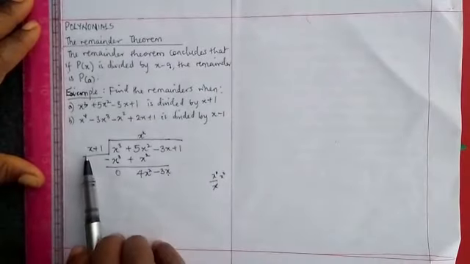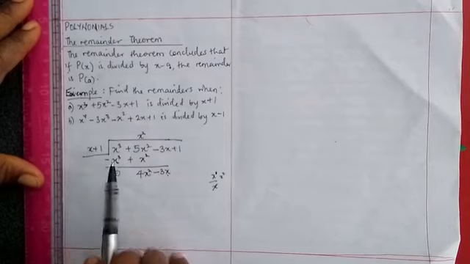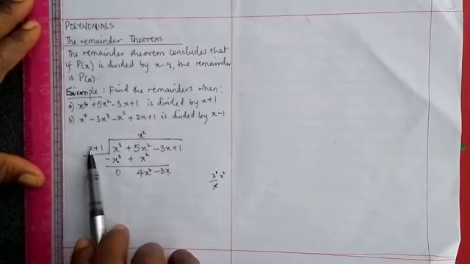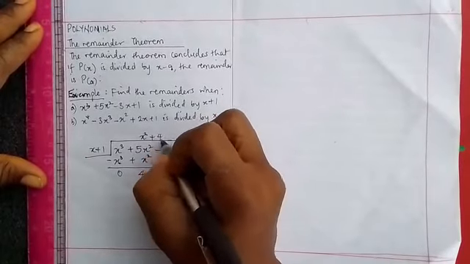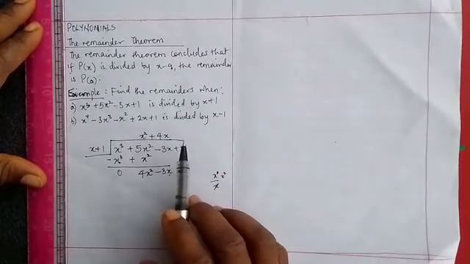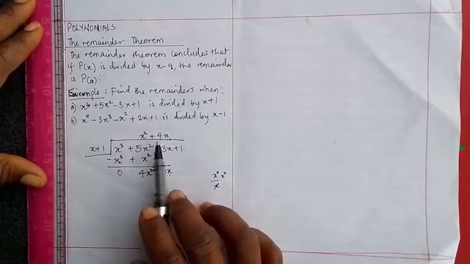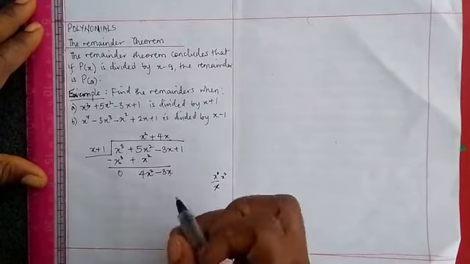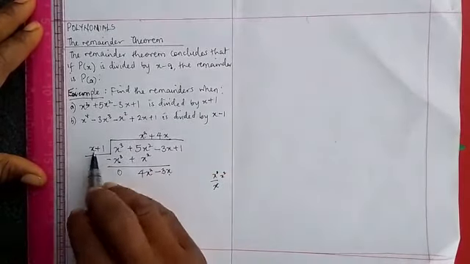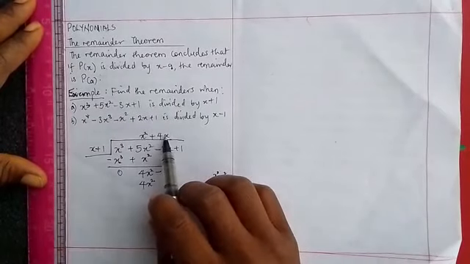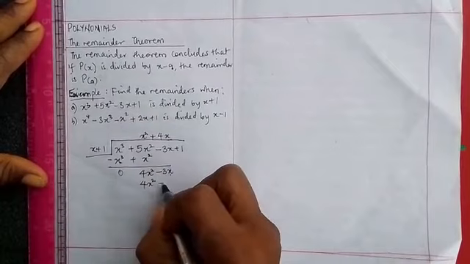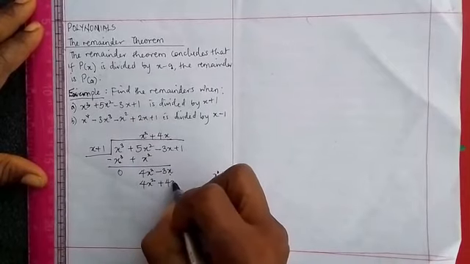Now we return back to the same thing we did. 4x squared divided by x will give us plus 4x. Now immediately we divide, multiply. 4x multiplied by x will give us 4x squared. 4x multiplied by 1 will give us plus 4x.